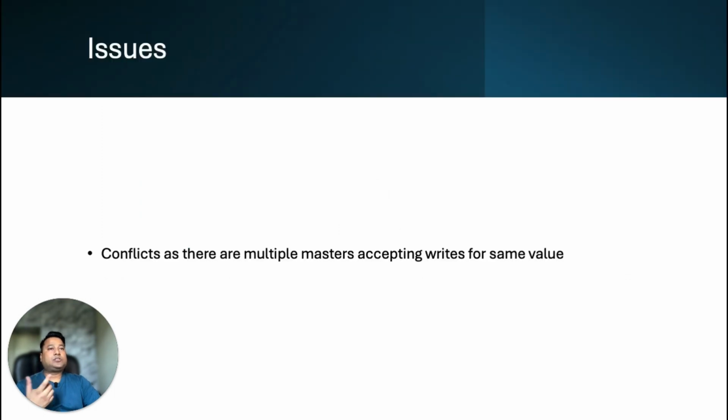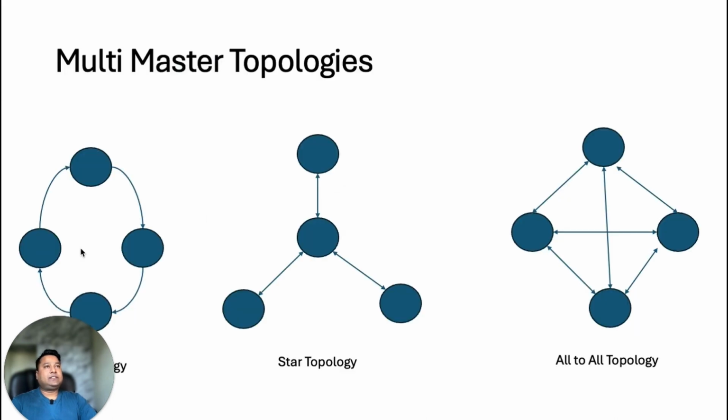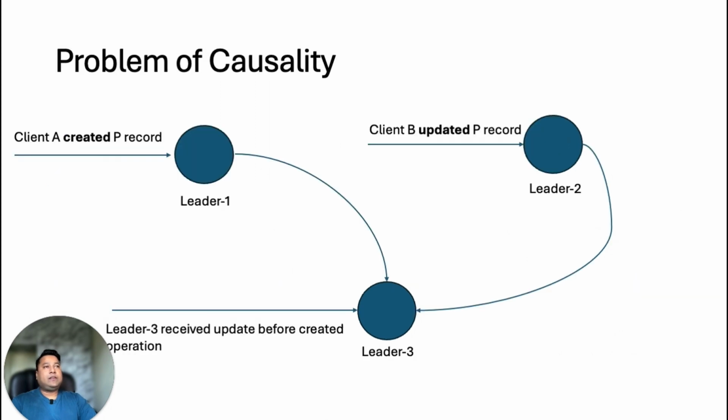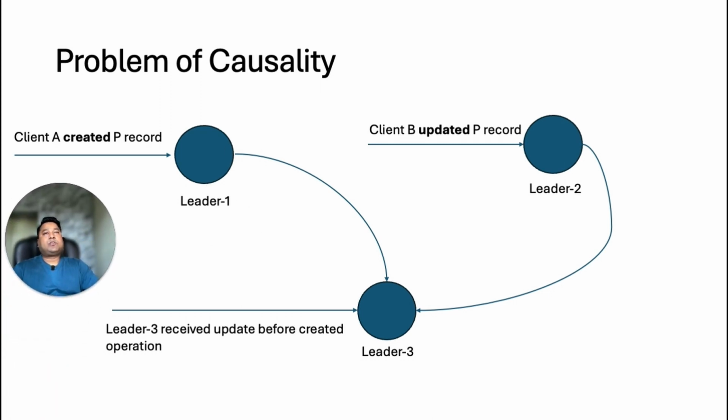Then we understood the problem that multi-master replication comes with, which is the problem of conflicts, and the countermeasures against conflicts: exposing it to the client, last write wins, and causality tracking. Then we understood the topologies in which these multiple leaders across the distributed system can talk to each other. And then we also understood the problem of causality, and the solution will be coming in the next video.